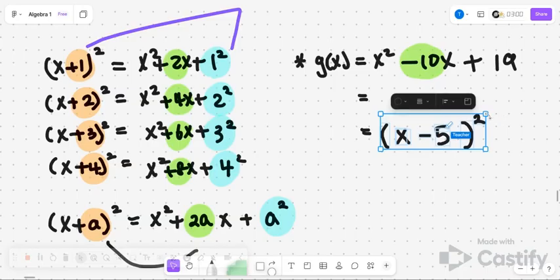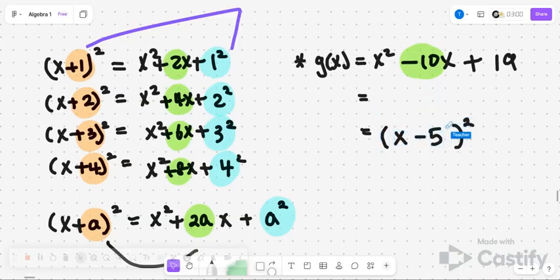And to get here, we've got to think about what number you need to complete the square. So we know that we are going to have 5 in the squared form. To make that happen, we need to add a number, which is highlighted in blue.